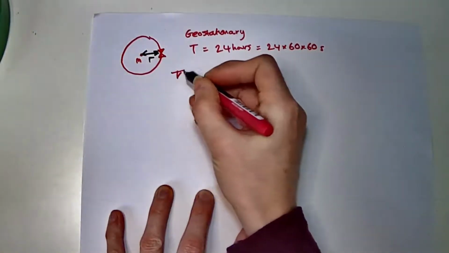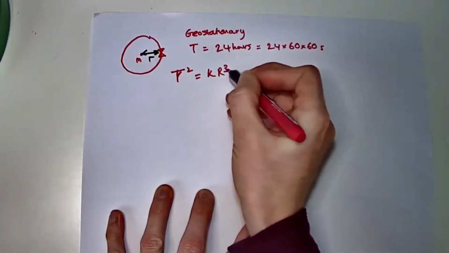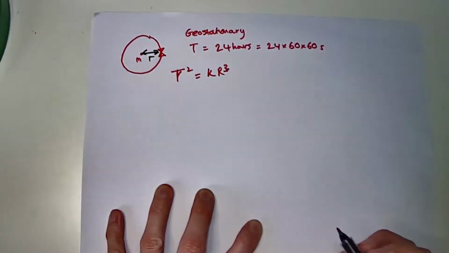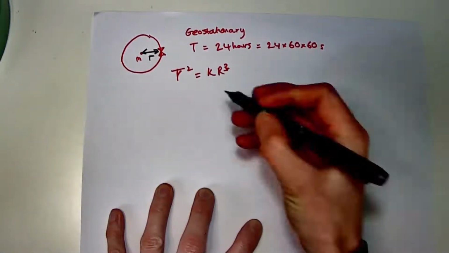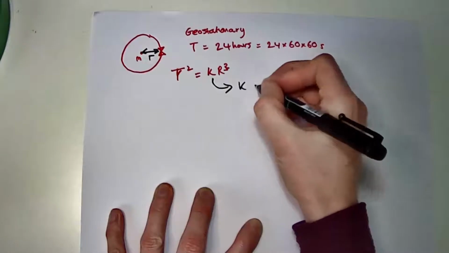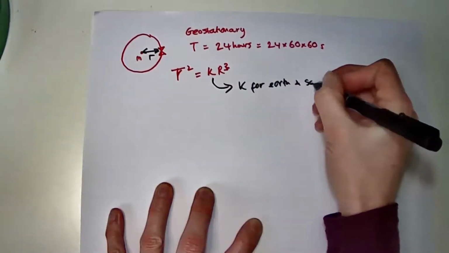So we also know the relationship T squared equals k r cubed. Oops, sorry, bad writing there. But k here, that is k for the Earth and satellite.